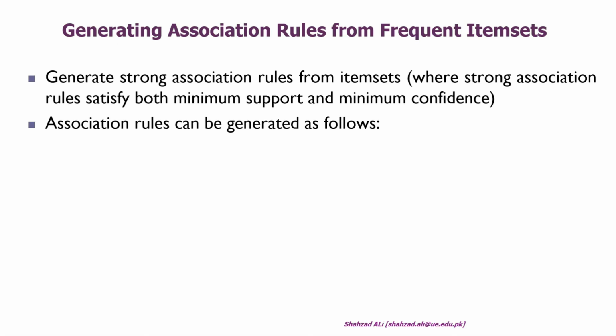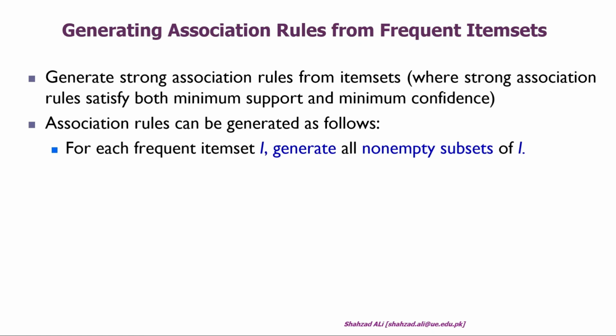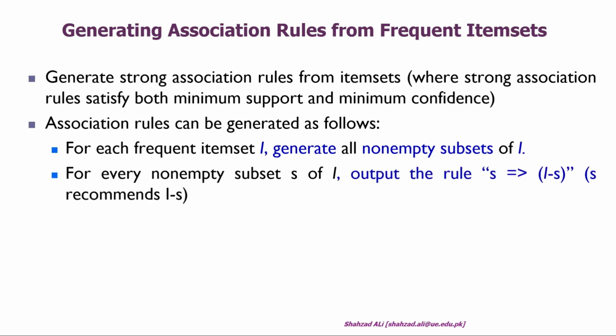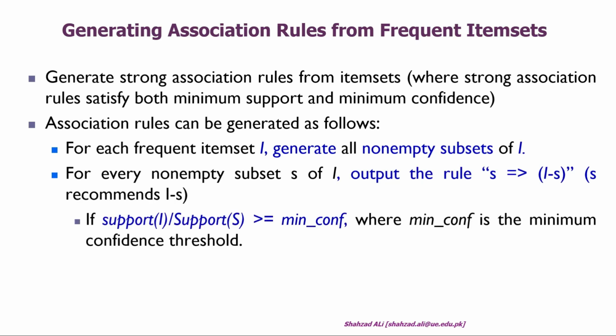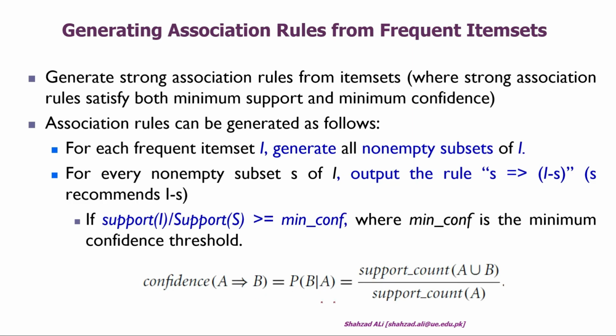Strong association rules satisfy both minimum support and minimum confidence, which is computed using this equation: the confidence of A implies B is the conditional probability of B given A, which can be written as the support count of A union B, the number of transactions containing the item sets A and B together, divided by the support count of A, the number of transactions containing the item set A.